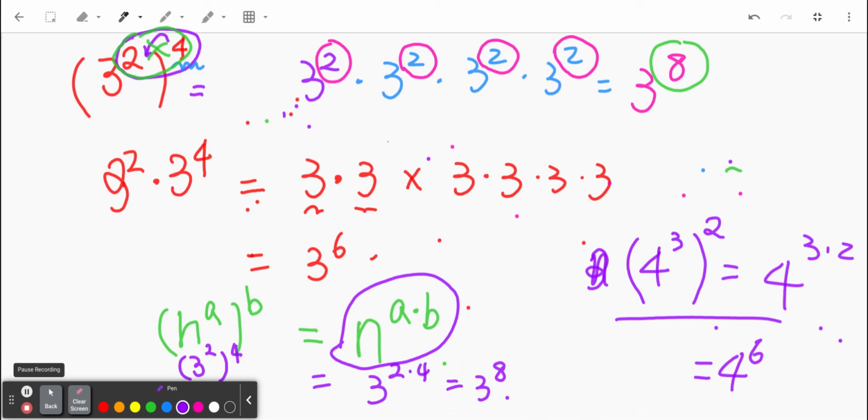Let's try another one, okay? The orange one. 2 to the power 4 in parentheses to the power 3.